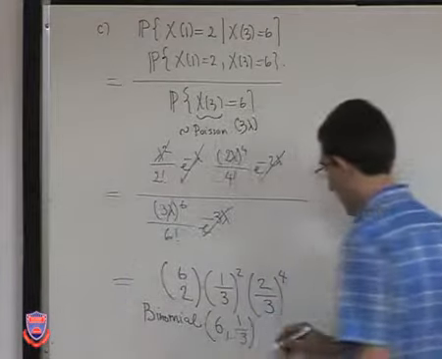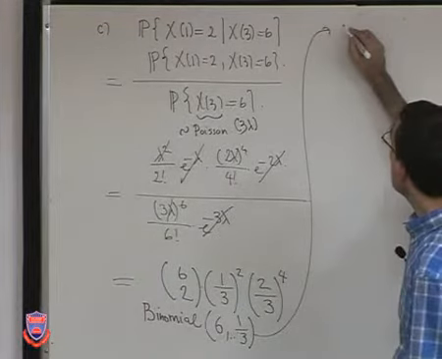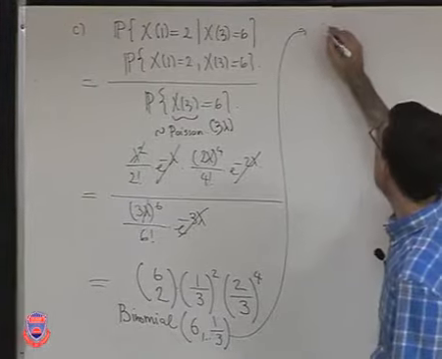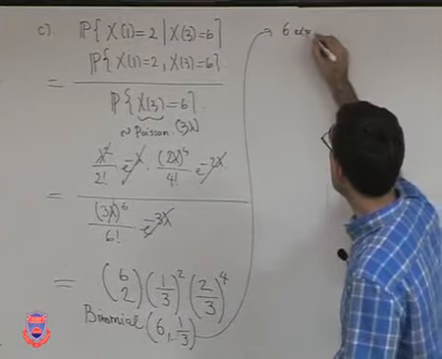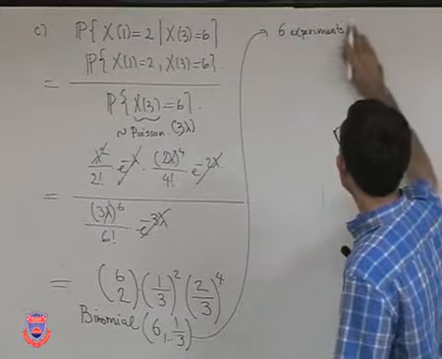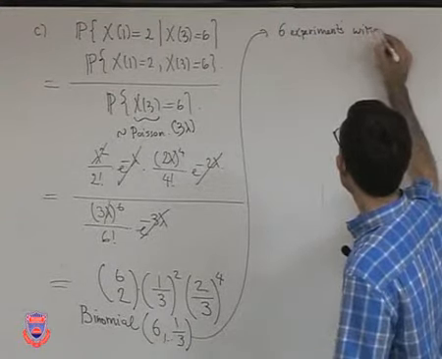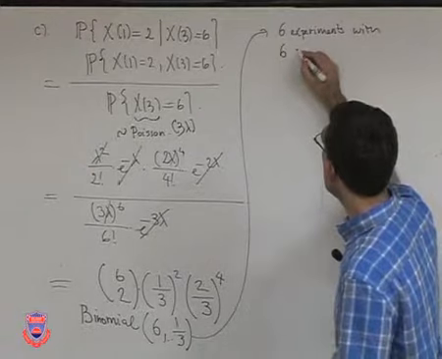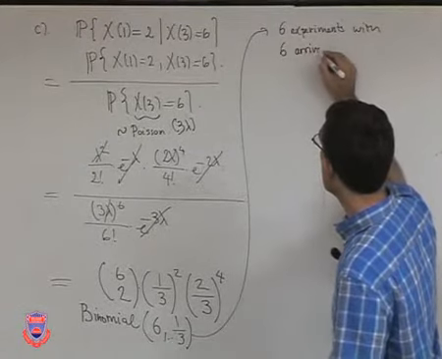So what is going on here? Actually, you indeed have 6 experiments, with in fact 6 arrival times.